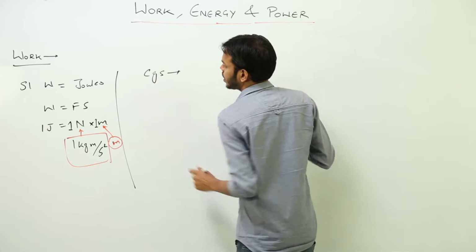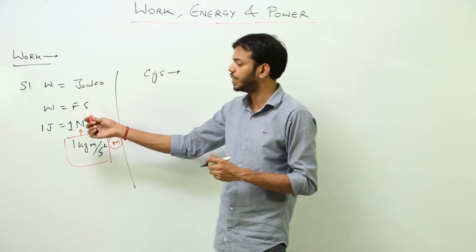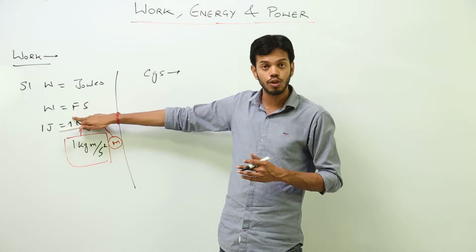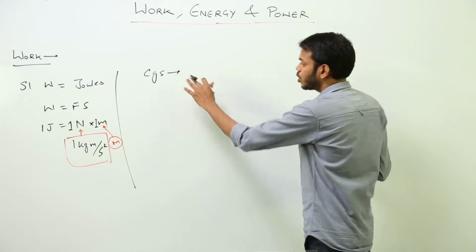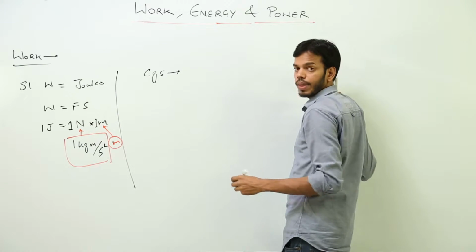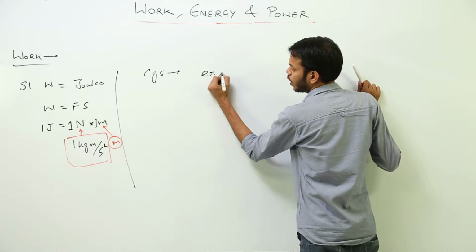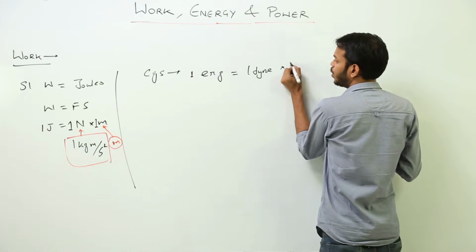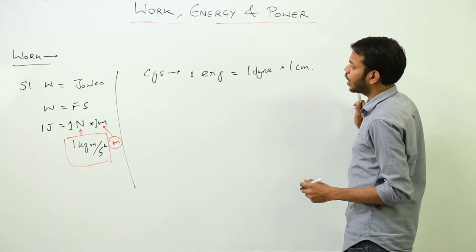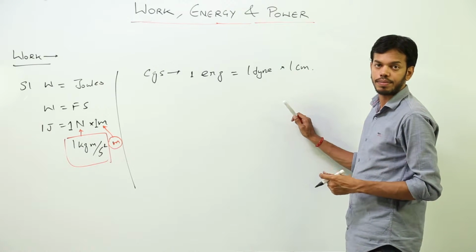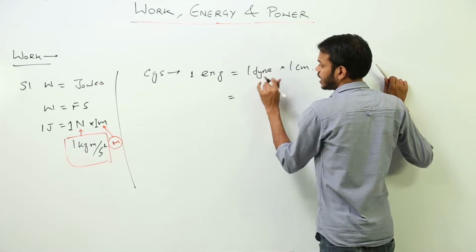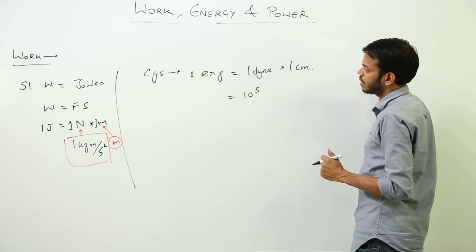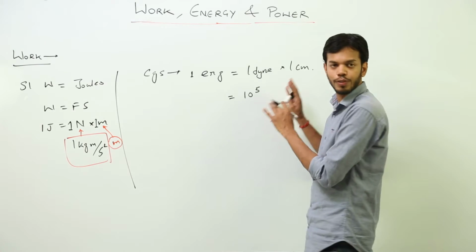CGS unit means centimeter gram second unit, which is the CGS unit of force and the CGS unit of displacement. So the CGS unit of work is called ergs. 1 erg is 1 dyne into 1 centimeter. What is 1 dyne? 1 dyne is 1 dyne.